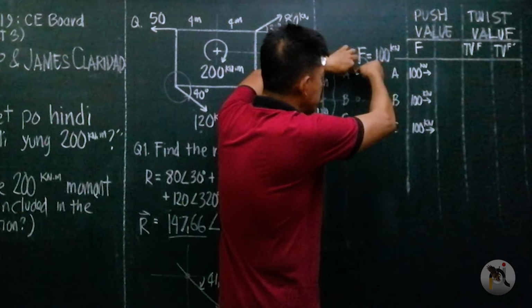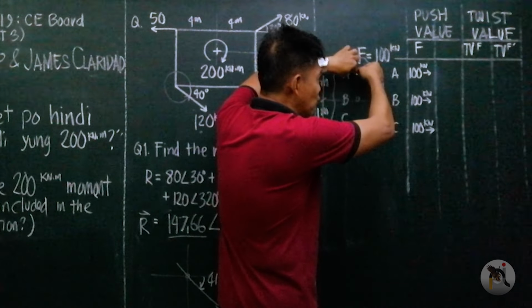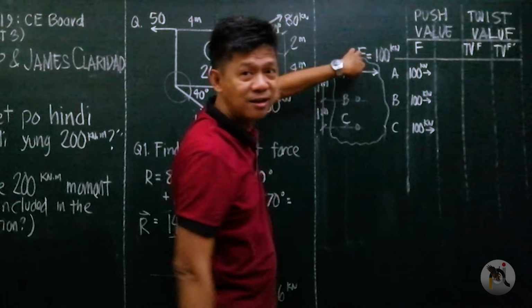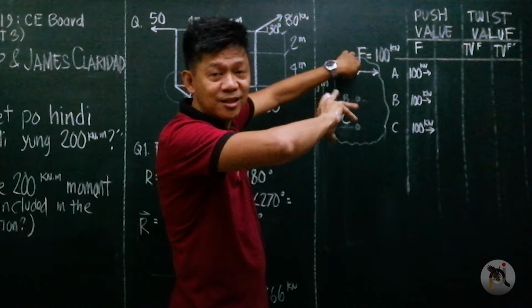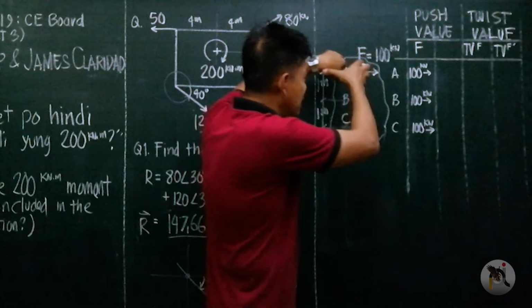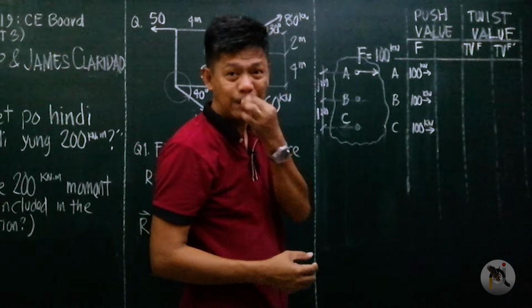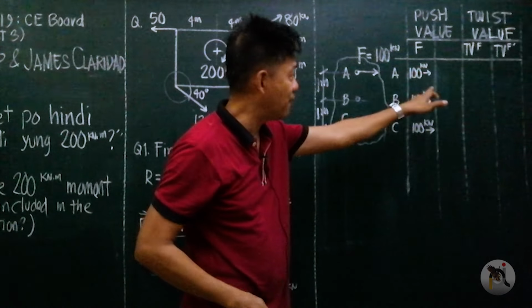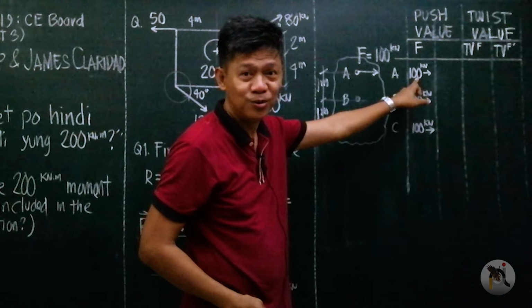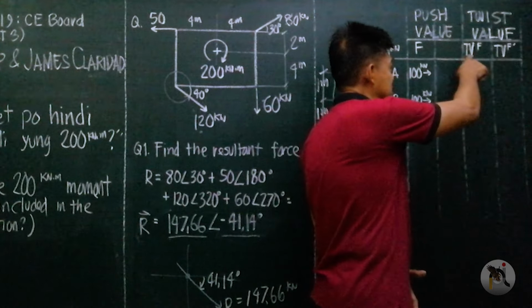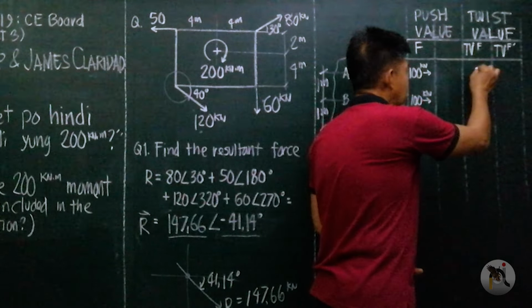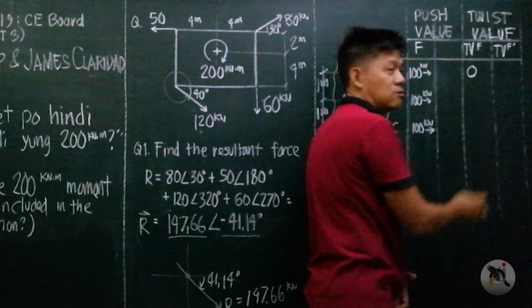When you pull this object and you apply the force at A, then the object will not be twisted. It will remain as is and it will just move to the right. Moving to the right is the effect of a push value. But the twist value of this, let me call this TV of F, at A is 0.